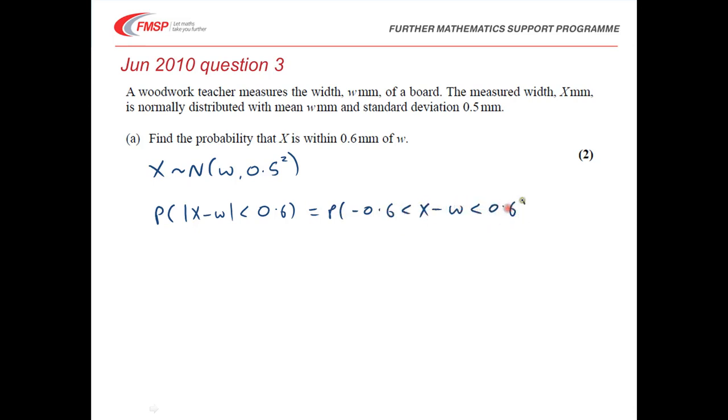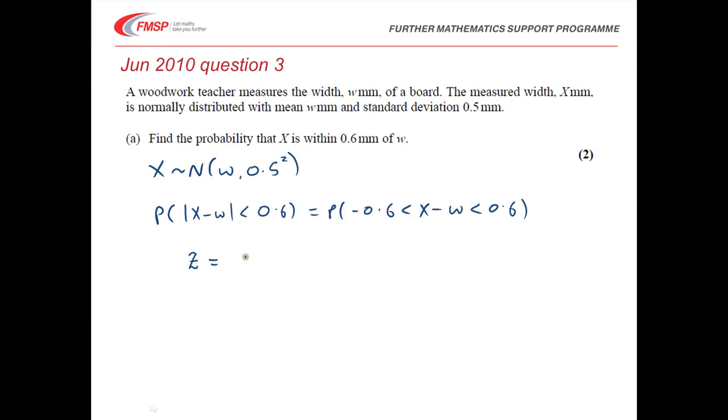There are other ways of doing this, understanding how moduluses work, but I think this is by far the safest way. So we're going to standardize these. Some people don't like this because they've got W's kicking around, and we don't know that, but you need to appreciate that when we standardize, Z is equal to the X value minus mu over sigma.